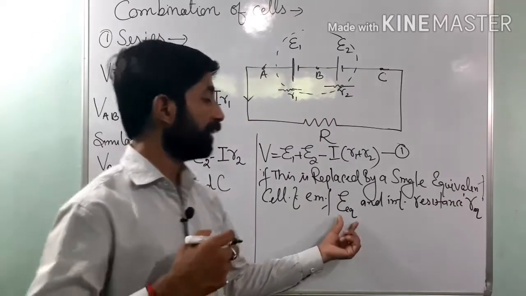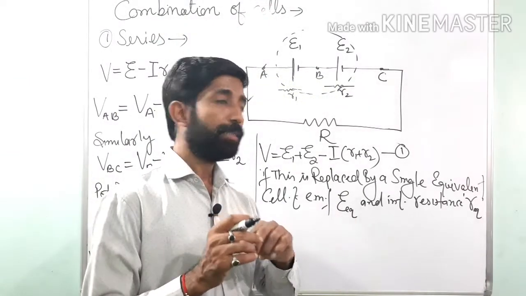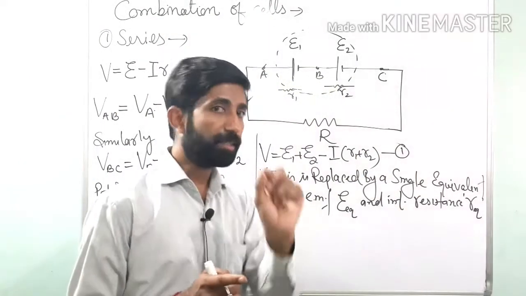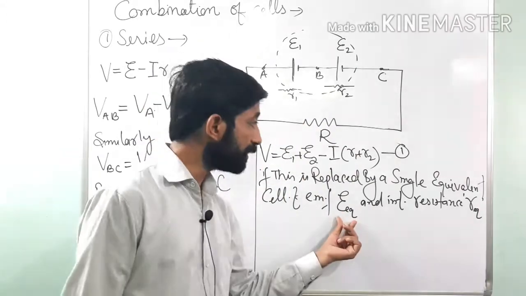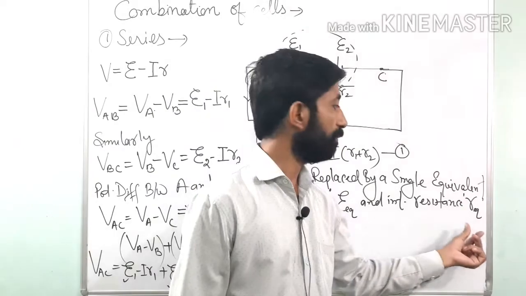Mind this. I am replacing this and adding a third one, so the third one will have equivalent EMF equal to this, and its internal resistance will be equal to this.